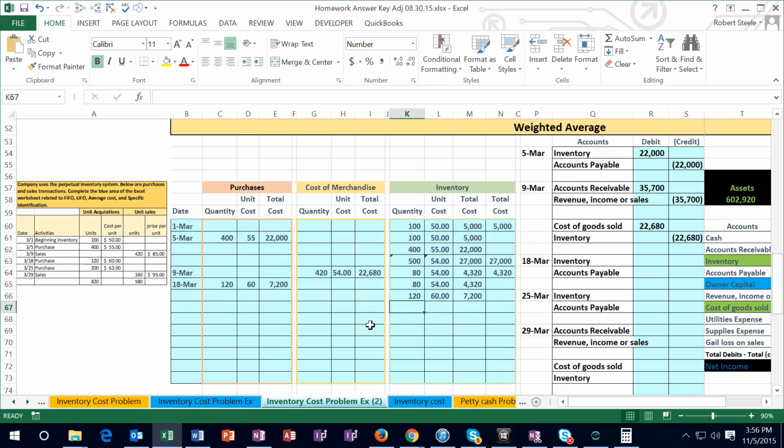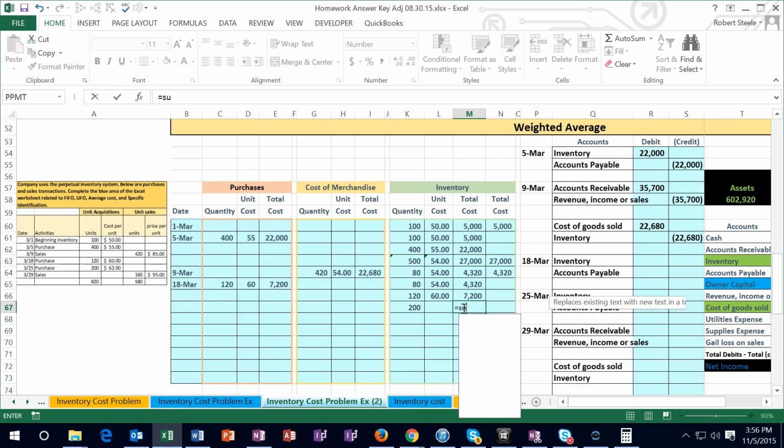So we'll do that by saying equals SUM and sum up the 80 and the 120, enter, and then we'll take the total cost equals SUM of the 4320 and the 72, enter.